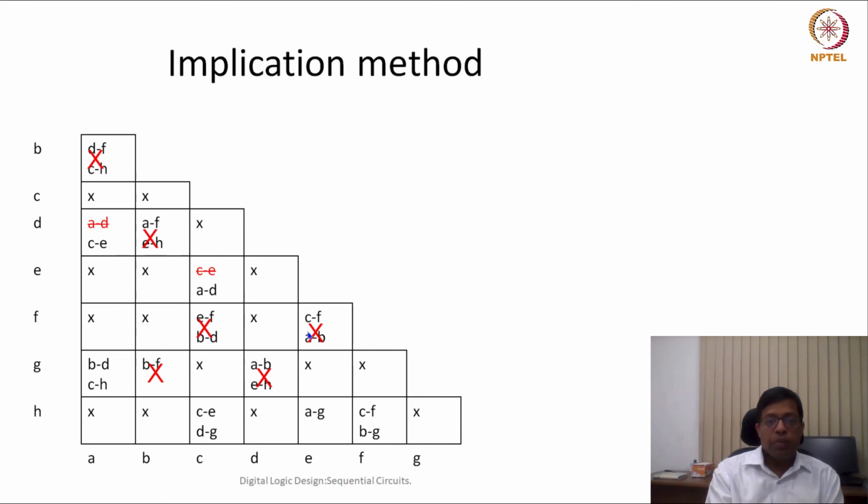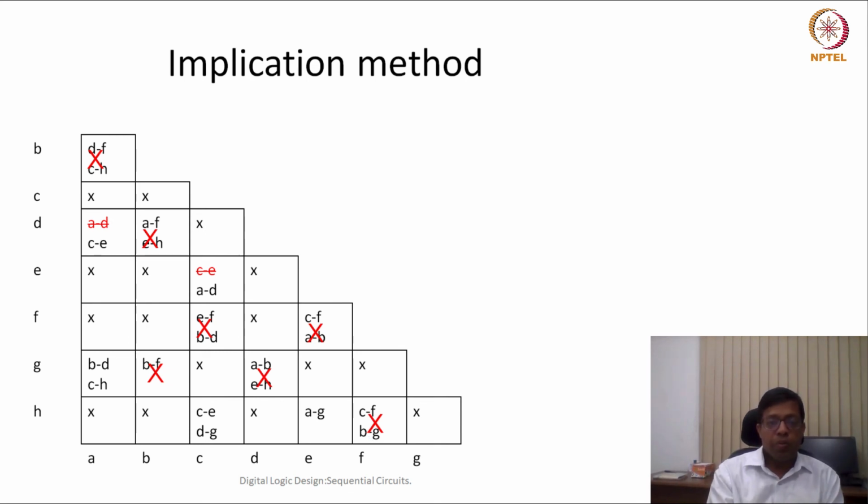Now because of these newly found crosses, we can cross this also. This is crossed because of B and G, which we have recently crossed. Because B and G cannot be equivalent, H and F also cannot be equivalent.